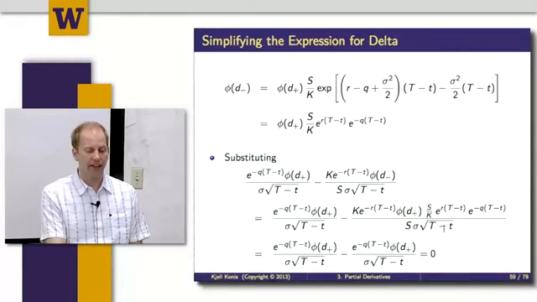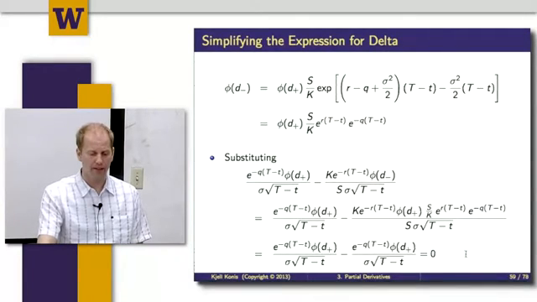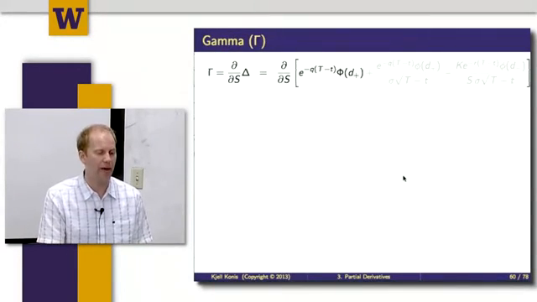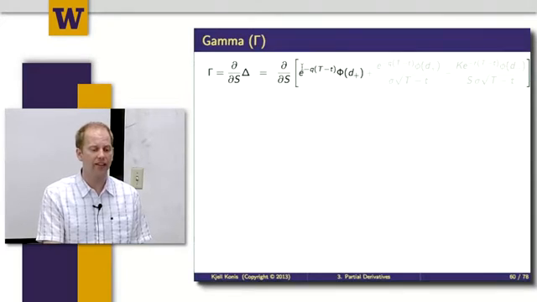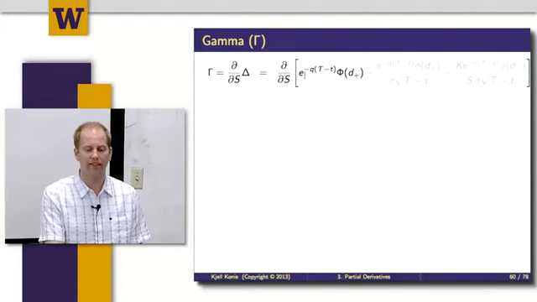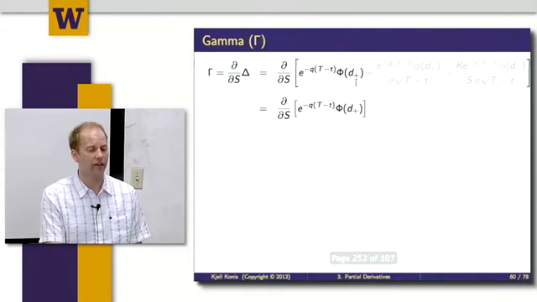So when I do all of the canceling here, I've made the second term into the first term, and I'm subtracting them from one another, so I end up having 0. So that means when it's time to actually go ahead and calculate gamma, instead of having to take the derivative with respect to s of this great big formula, I can rewrite that as just the derivative with respect to s of e to the minus q(T minus t) times capital phi of d plus.